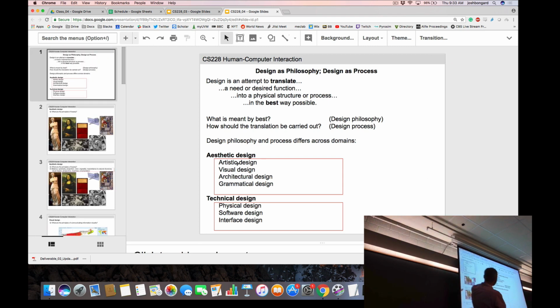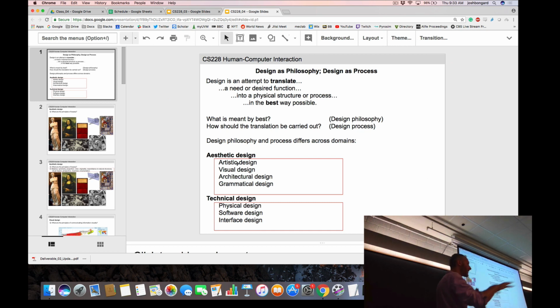Okay, so design is philosophy, design is process. What is design in general? Design is always a transformation. It's a mapping from something to something else. It is usually a mapping from a need, a desired function, a frustration, some human emotion. Humans want to do something.